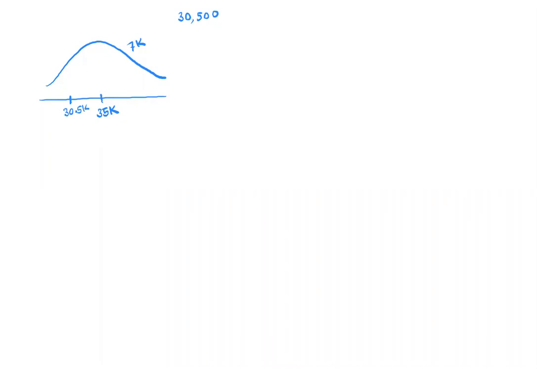Okay, so we need to find the z-scores, which is a mean of 0 and standard deviation of 1. The middle here is 35,000, so 35,000 is going to map to 0. Remember that. Now 30,500 is going to be somewhere here because this is to the left of this middle. So the z is going to be to the left.